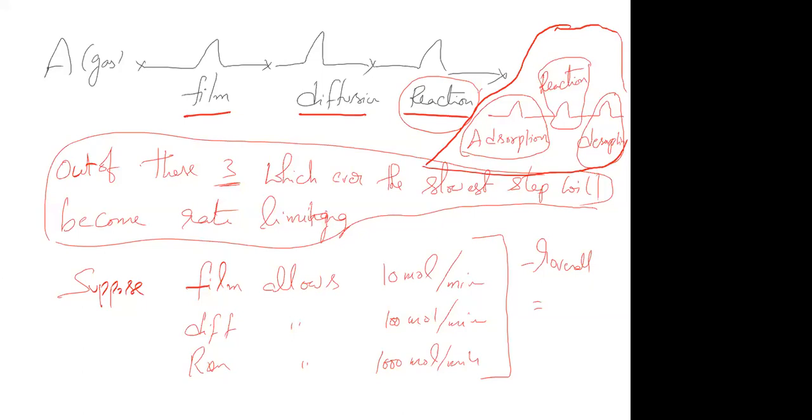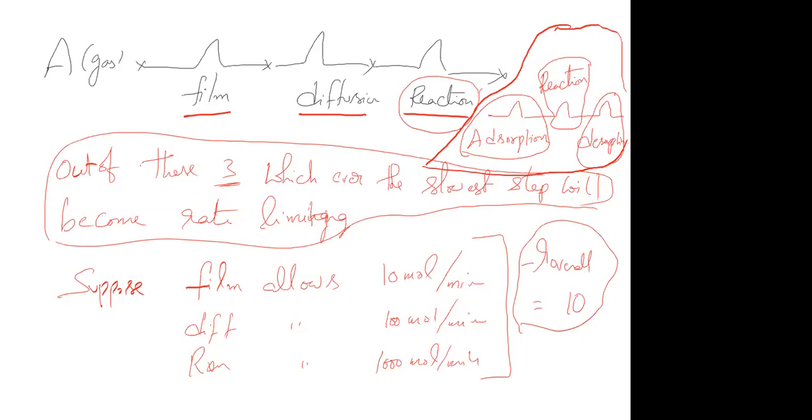Imagine that you have 3 gates in series. Suppose imagine your house has a main door, then another door, another door. So to enter the kitchen, you have to pass 3 gates. Kitchen is your target. Now my main gate allows 100 people. Then gate 2 allows only 10 people.